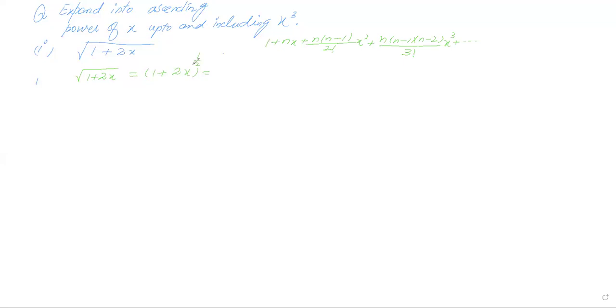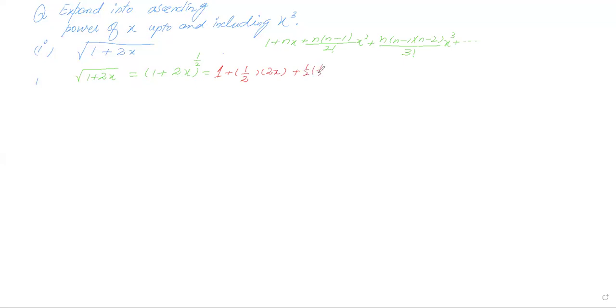When we apply this, first of all, I will write the spaces with the red marker. We have 1 as it is, then plus 2 spaces. The first space is for the whole power, that is 1 by 2. The second space is for the second term, that is 2x. Plus n, we have to write 1 by 2.